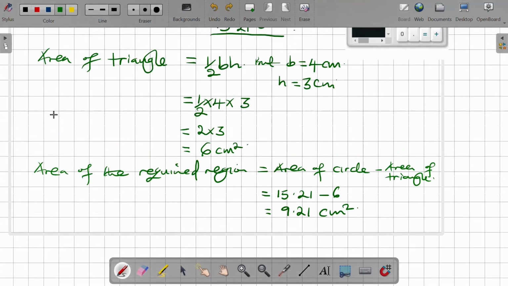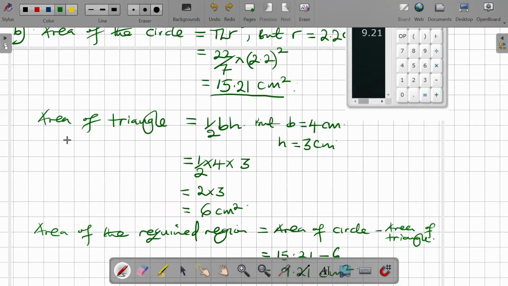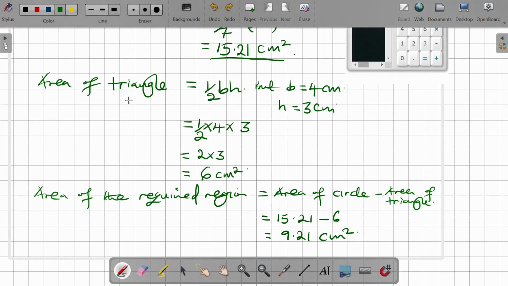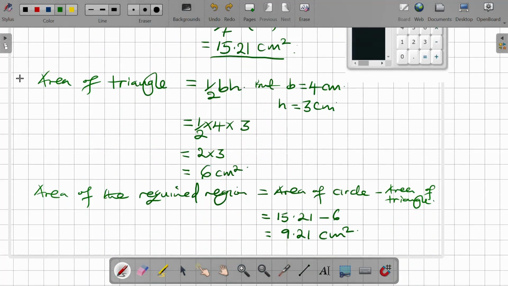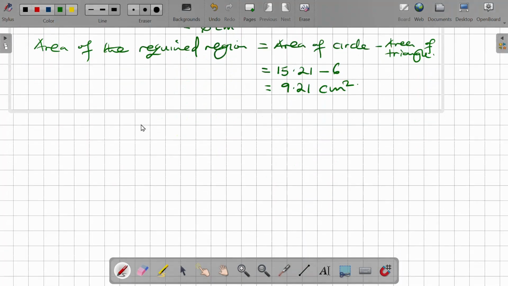So now we proceed for part C. We're on part C. They say that each paver is of 1 centimeter squared. So the total cost equals 9.21 multiplied by the unit cost per paver.